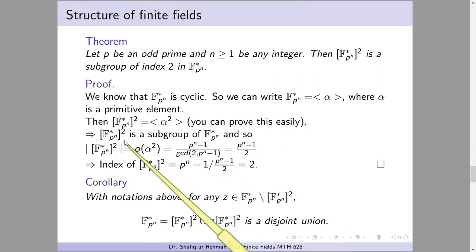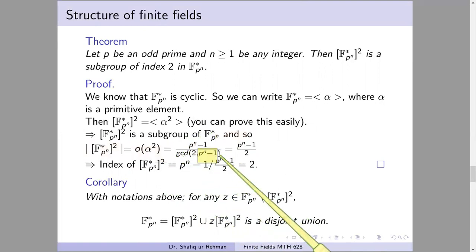And what is the order of this subgroup? Its order is equal to the order of its generator, and the generator is alpha square, so the order of alpha square is the order of alpha divided by GCD of 2 and this number.